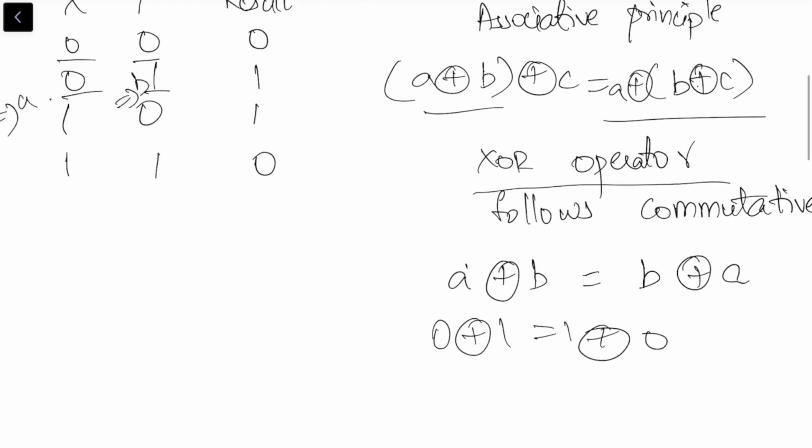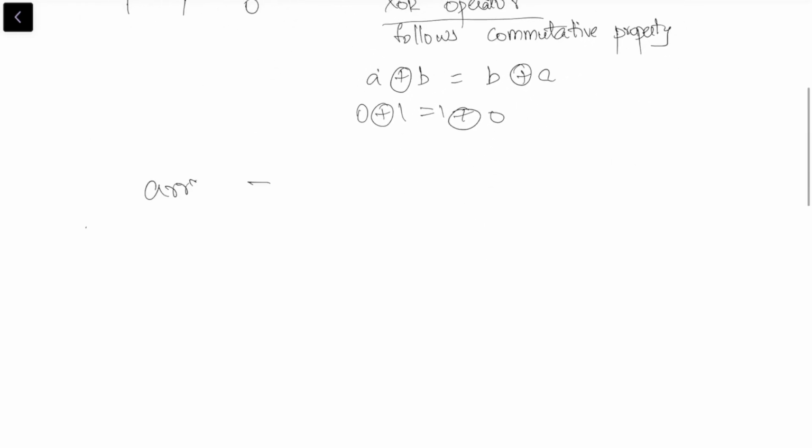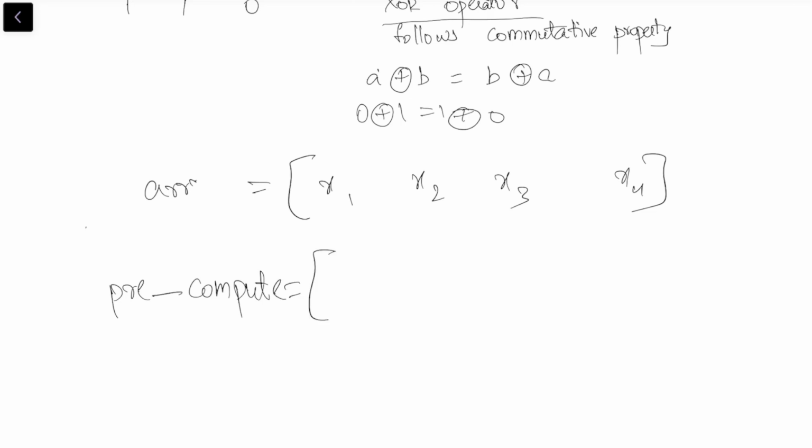Now we'll see the intuition, how to solve the above problem. If we are given an array as such x1, x2, x3, x4, what I will do is try to pre-compute the XOR of all the elements in the way they appear in the array. I'll take a list and put, for the first time, x1 directly.